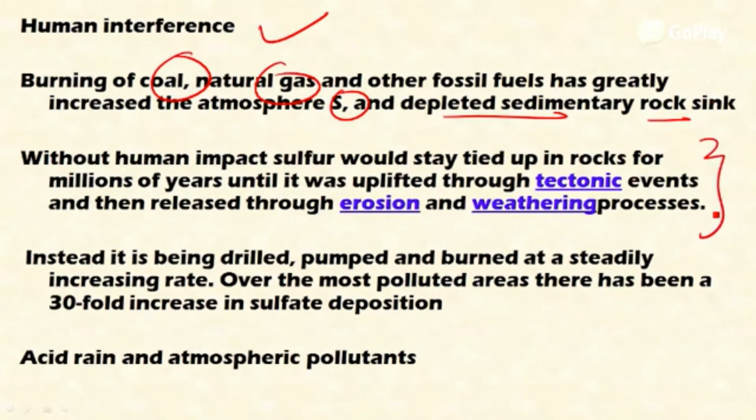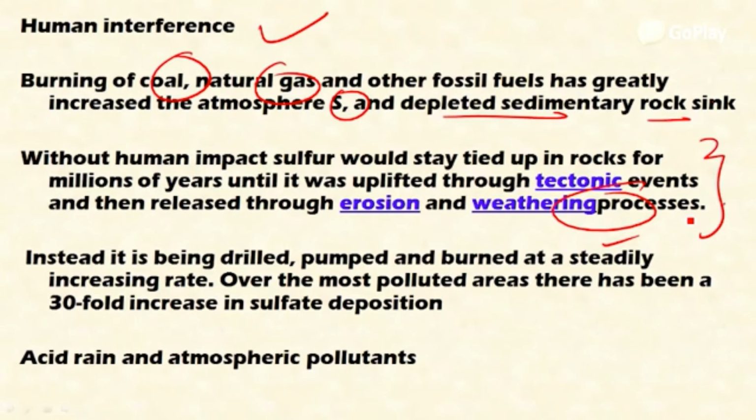If we had not excavated the sulfur from the sulfur rocks, it would have been locked in the sulfur sources for millions of years, until it was uplifted through tectonic events and then released through erosion and weathering processes. But human beings are interfering here, extracting the sulfur for their own needs.